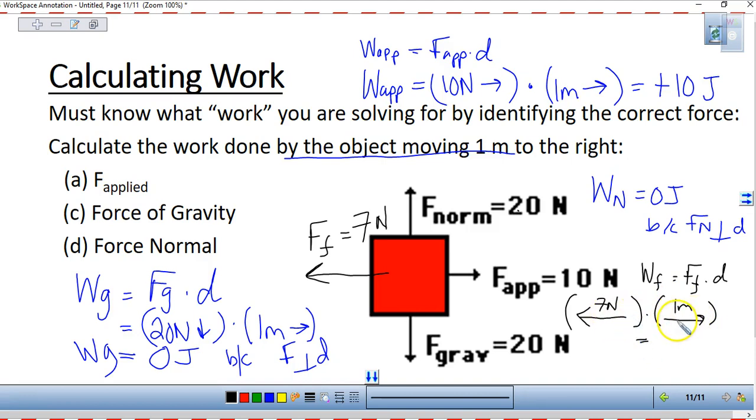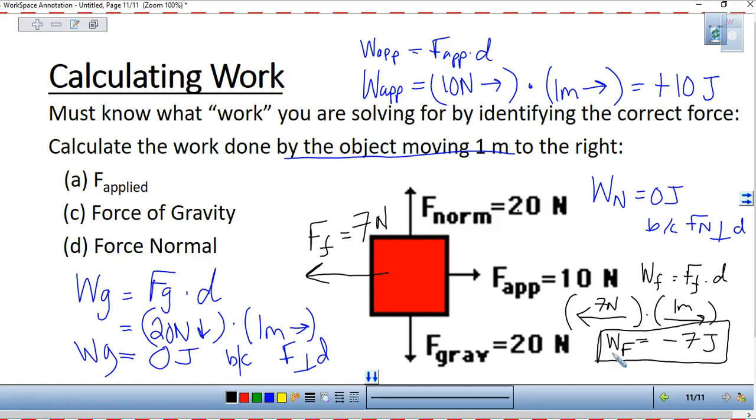Well, we can still multiply those numbers. 7 times 1 is 7, but we will have negative work for this. Hopefully that makes sense. Friction is going to go against what we're doing. That's what that kind of means here. Negative work.